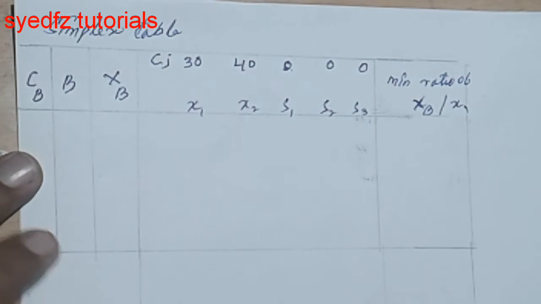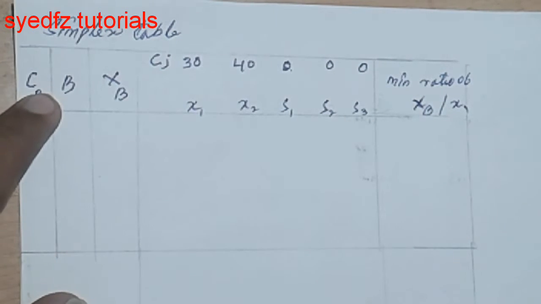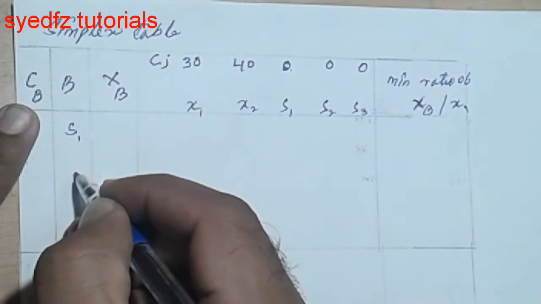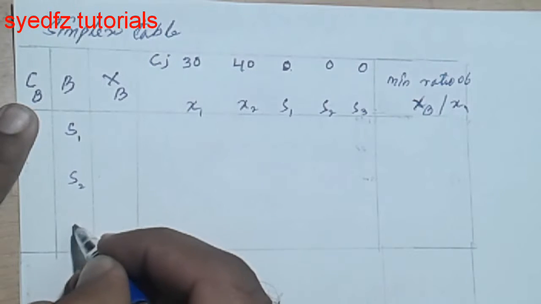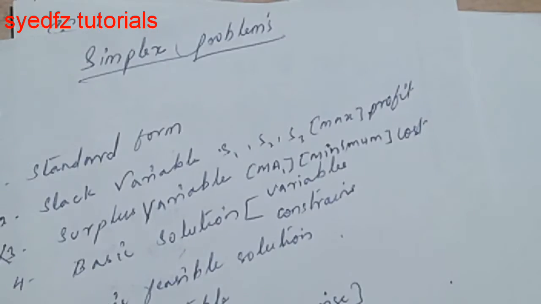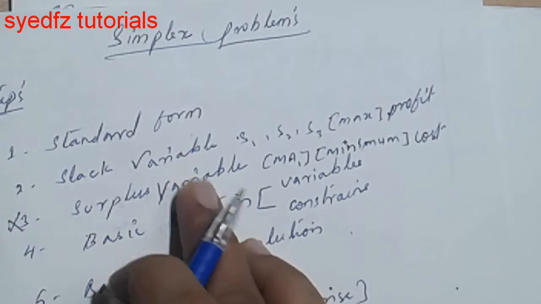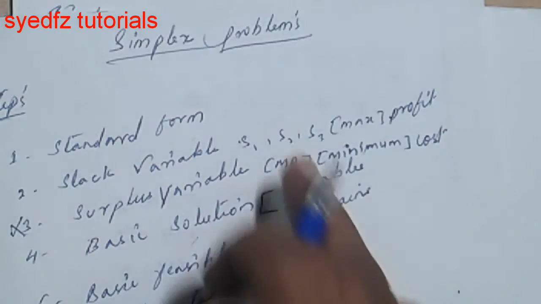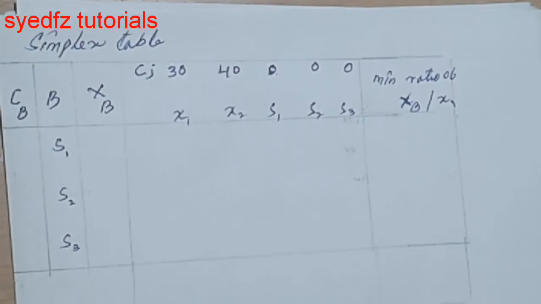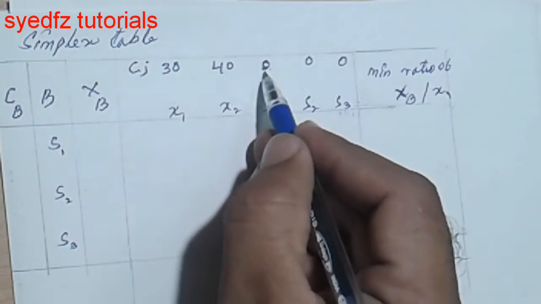Okay, what is the basic variable? The basic variables are S1, S2, S3. It's not a surplus variable. This is a slack variable. So that's why we have taken the basic variables S1, S2 and S3, and their values are 0, 0, 0.